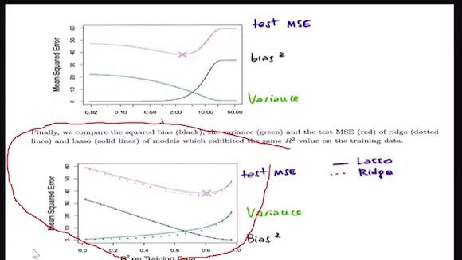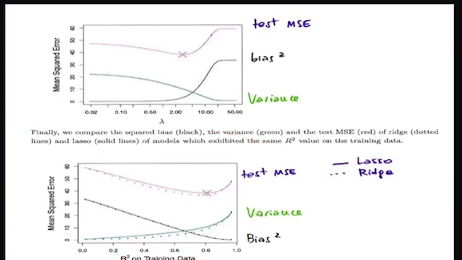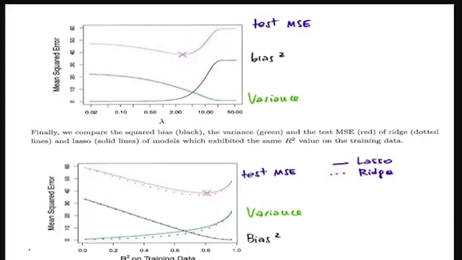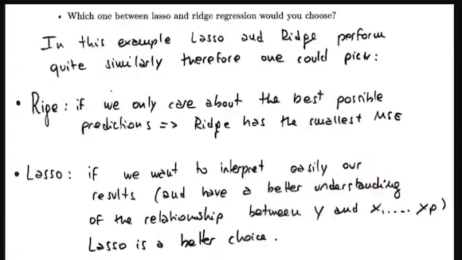When I look at the test MSE, I'm seeing that they are more or less the same, both ridge and lasso. But where a difference seems to exist is the variance and the bias.